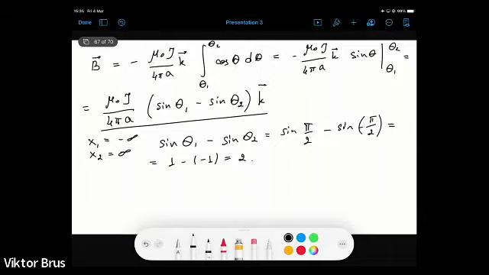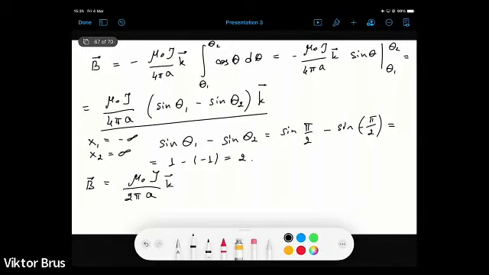So with this, we can write that magnetic field vector next to an infinitely long straight conductor will be equal to mu naught times electric current I divided by 2 pi A. A is the distance from this infinitely long conductor to the point where we want to determine the magnetic field vector.